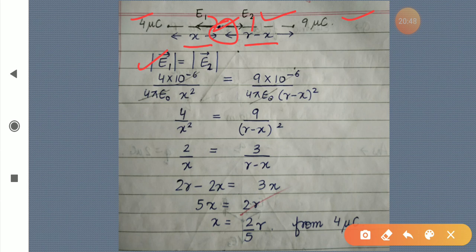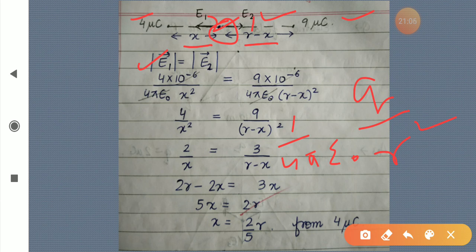Now the formula for electric field is 1 upon 4 pi epsilon naught q upon r square. This is the relation for electric field.